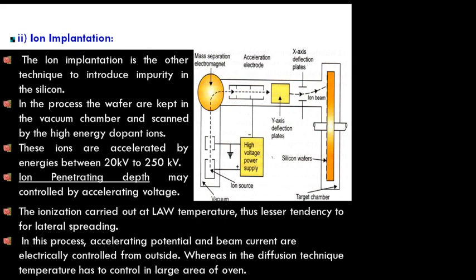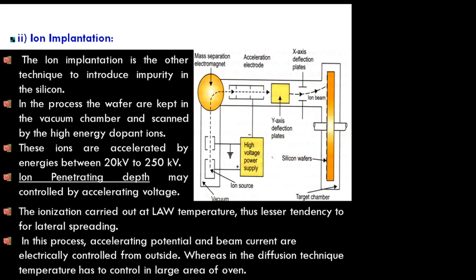The depletion layer will take the separations, but you need control over here, and that is possible by ion implantation carried out at a low temperature, and thus the lesser tendency to form lateral spreading.